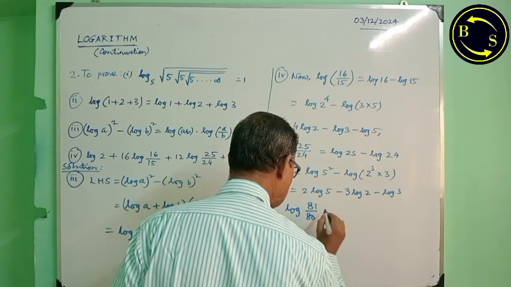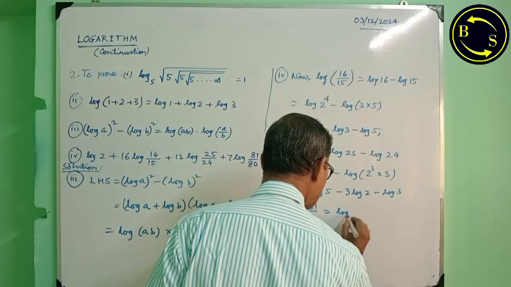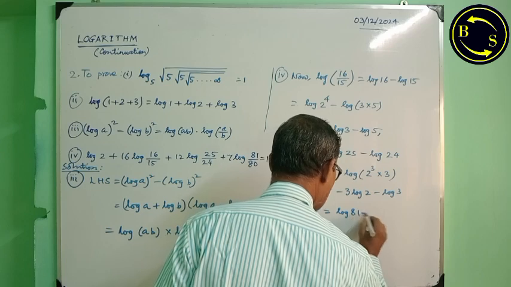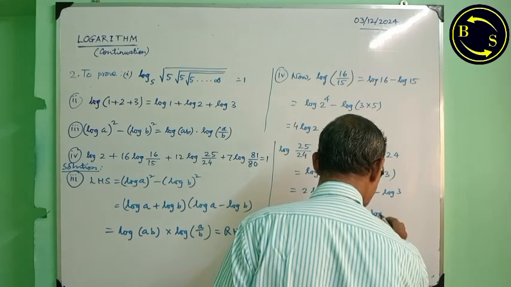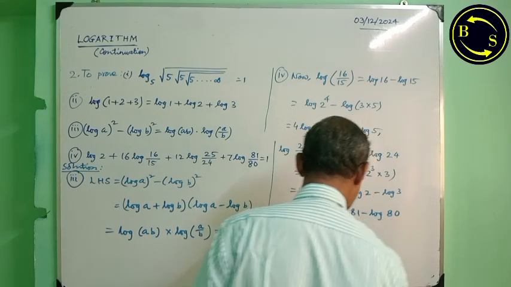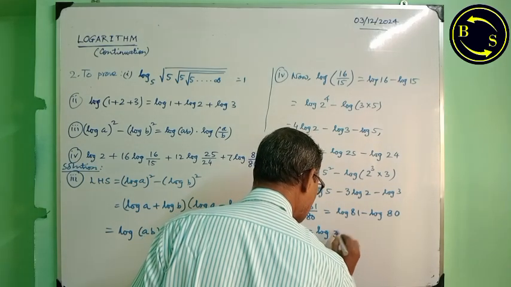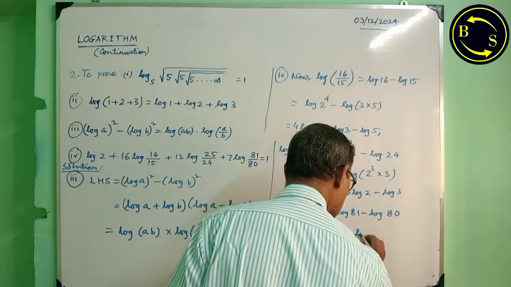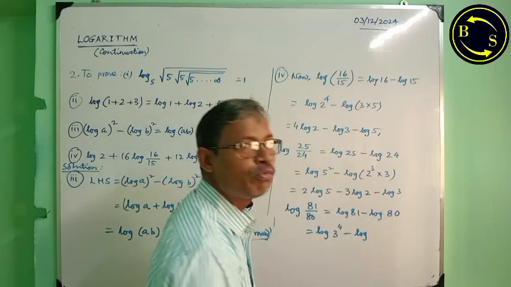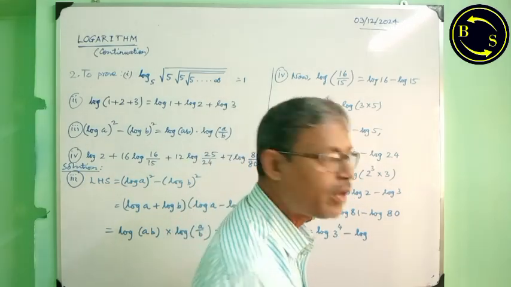Then log of 81 by 80, log of 81 minus log of 80. Now 81 is 3 to the power 4 minus log 16 into 5, 80 is equal to 16 into 5.